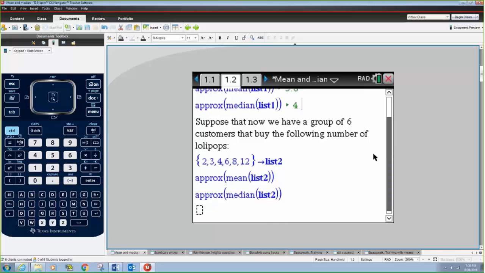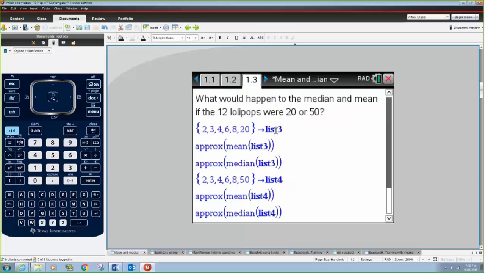And now we have another group of people, and we change the numbers slightly, and then we can see how this change will affect the mean and the median. So clearly the median will stay the same with list 3, I think, because now we are increasing the 12 to 20. So that's quite basic, but it shows nicely how the mean and median are affected when now we change 20 to 50.